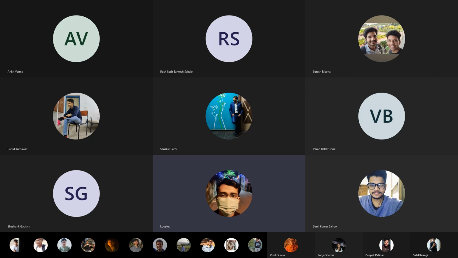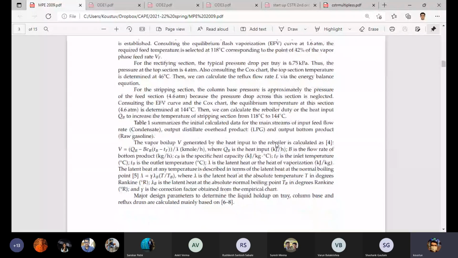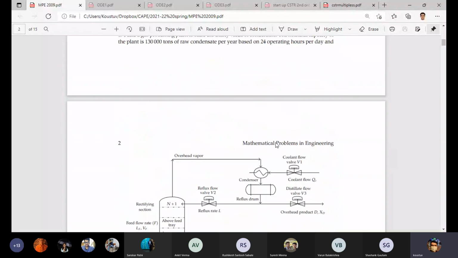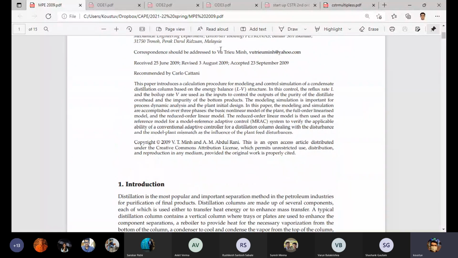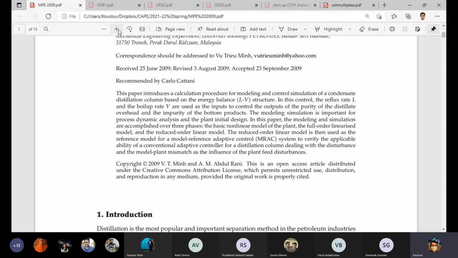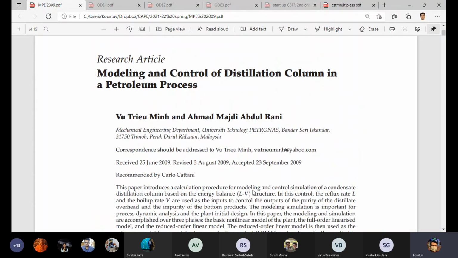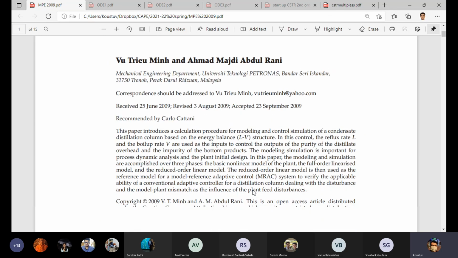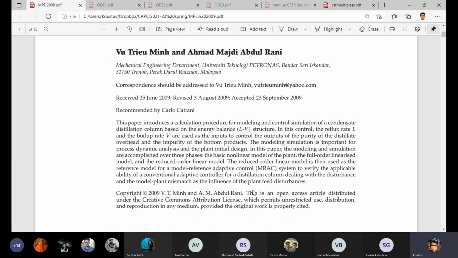Here we will not derive as we did in the case of the CSTR. Here we are trying to understand the behavior of a distillation column, starting at unsteady mode, and how it reaches the steady state point.